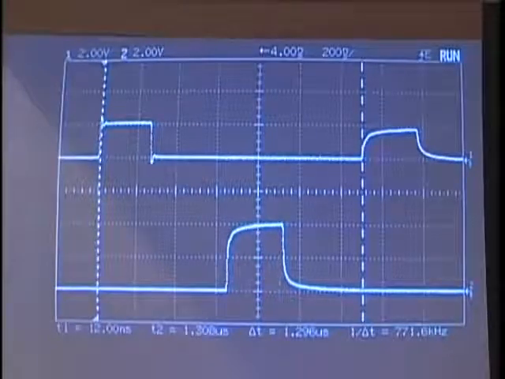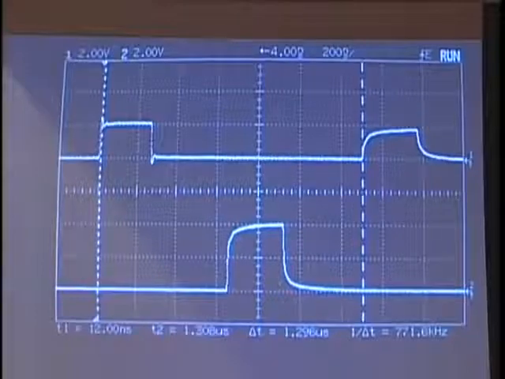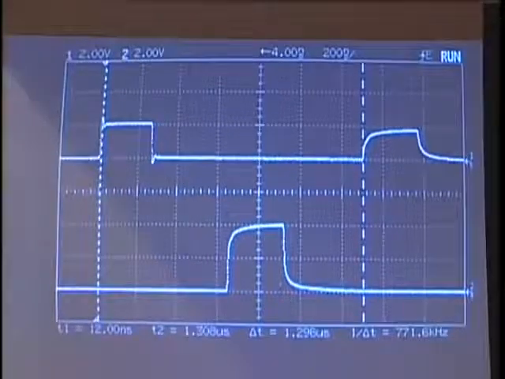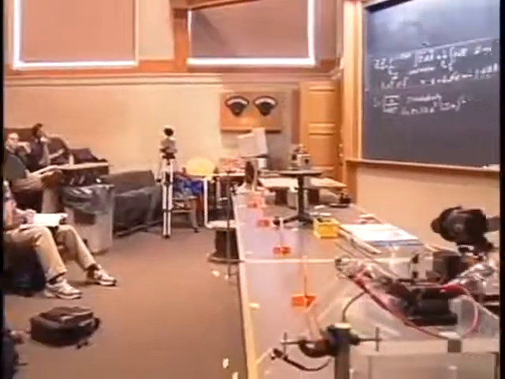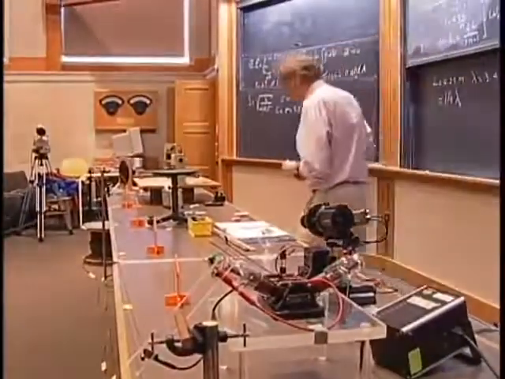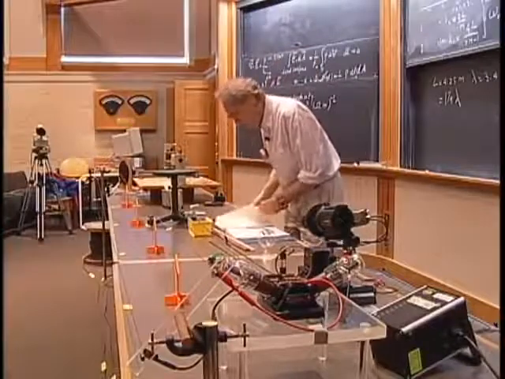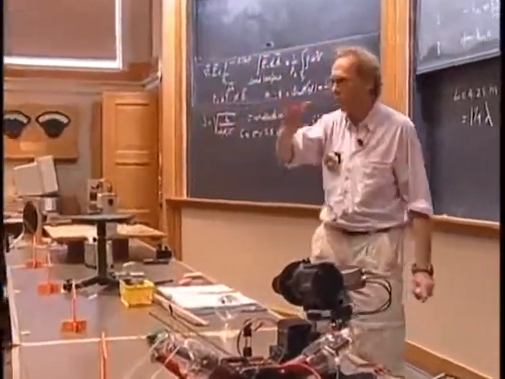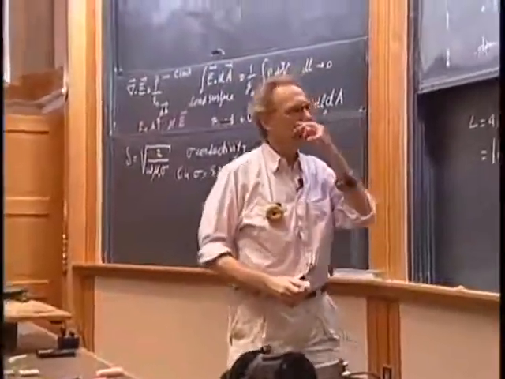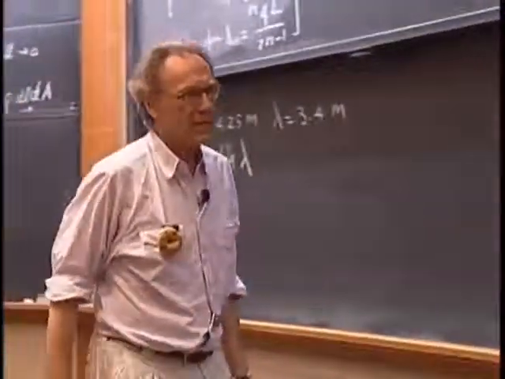But now there's even more, which I discovered purely by accident. Well, not so much of an accident. I always do some consistency checks to see whether physics works. And so I said to myself, okay, 1.3 microseconds. That's what it takes to make a round trip through the wire.